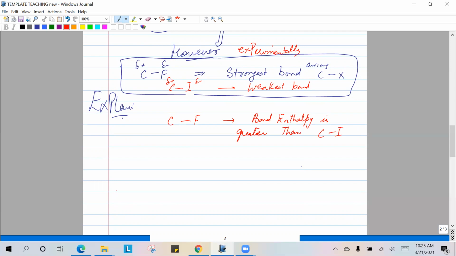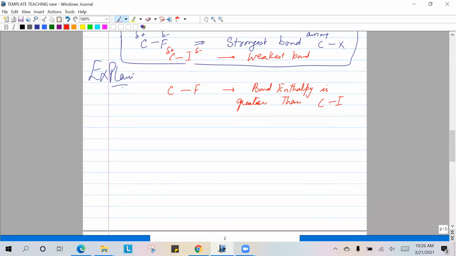That means to break the carbon-fluorine bond, you require more energy compared to the CI bond, even though the polarity is showing us the opposite thing. To explain this, you need to take the help of bond lengths.